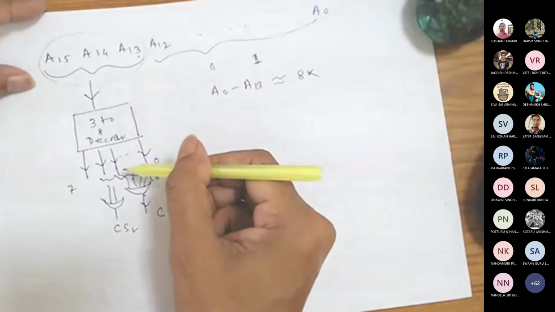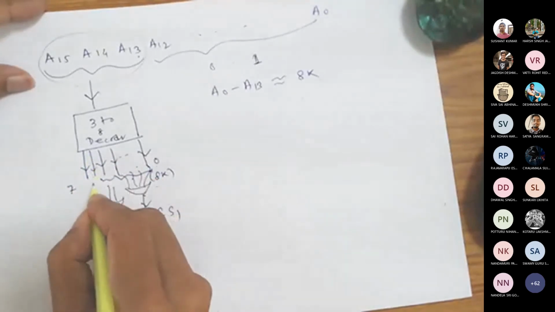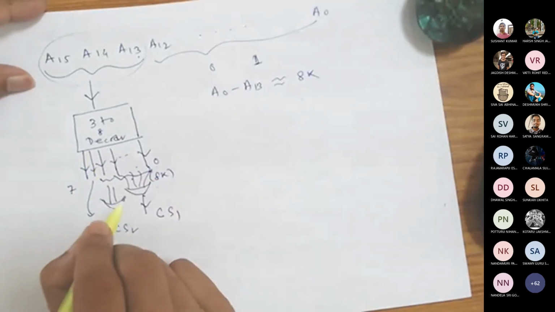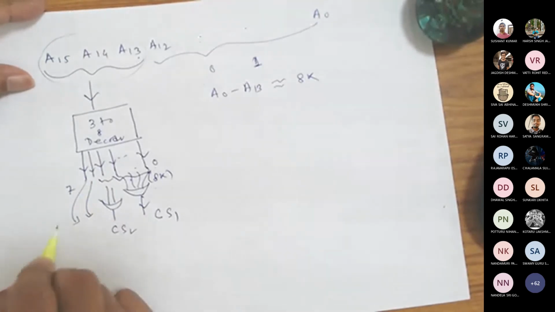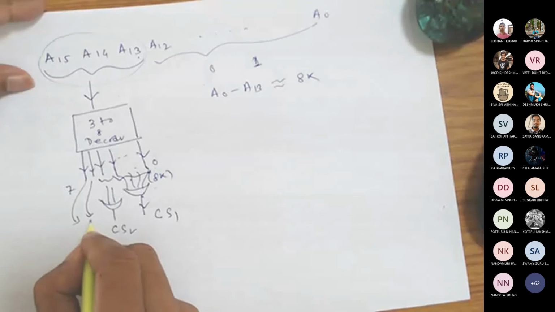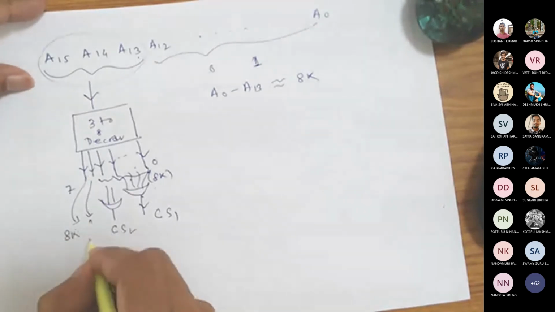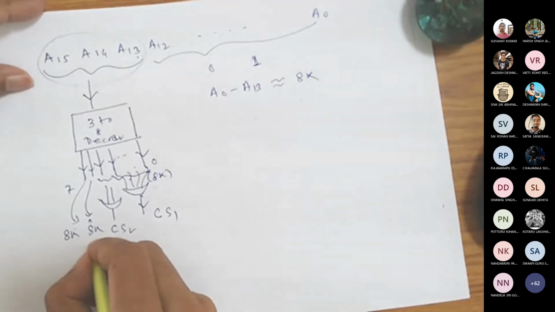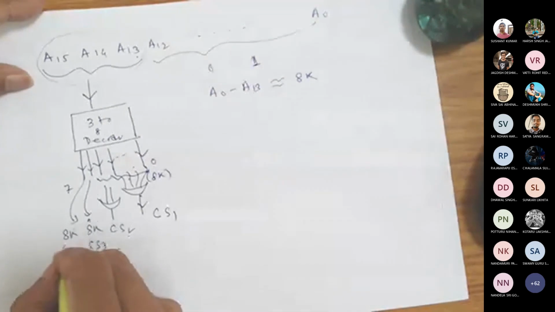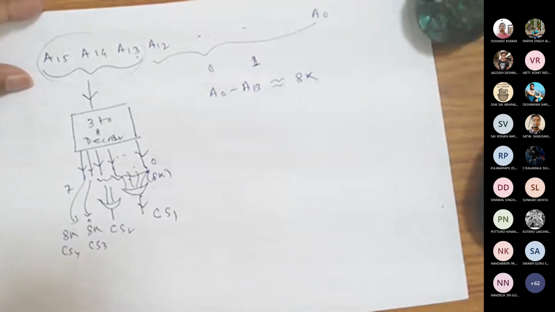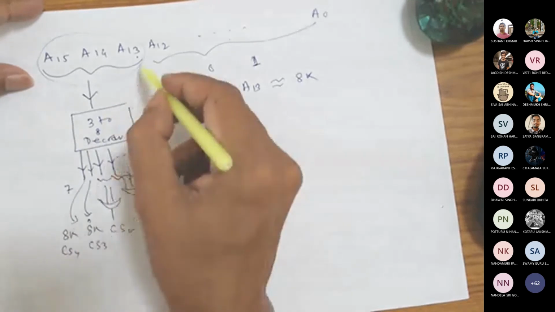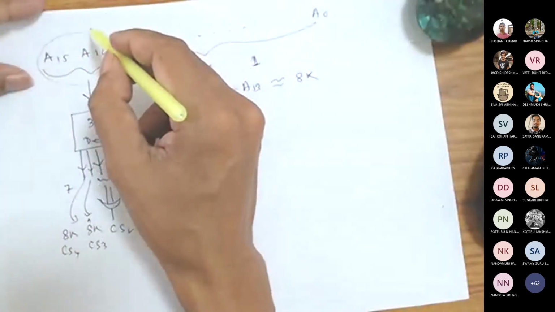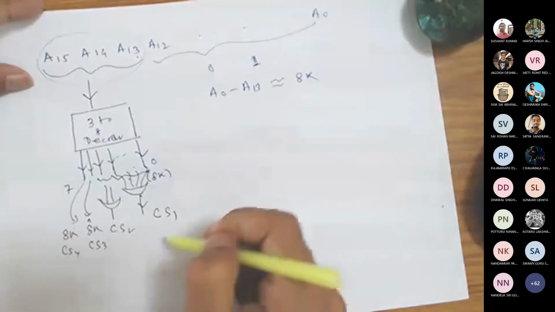So 4 plus 2, the remaining 2 lines are mapped to the last options. If you carefully look into their decoded values, this line represents the last 8K. This line represents the second last 8K. So this will be your CS3. This will be CS4. So using the higher order address bits, I can actually get these select lines.